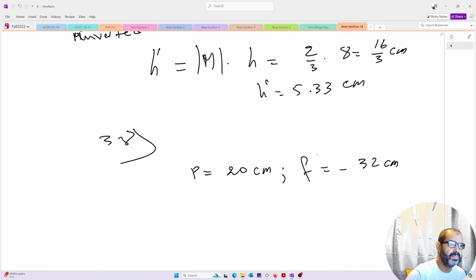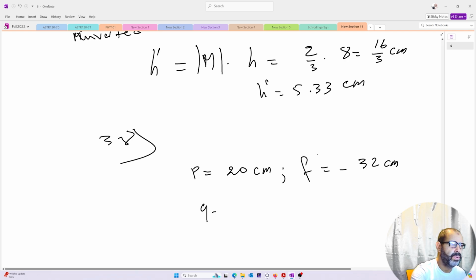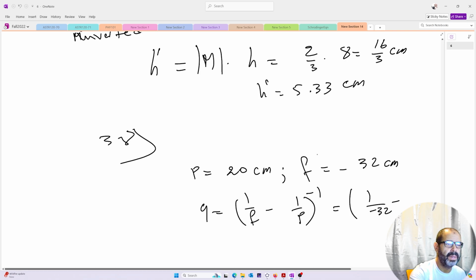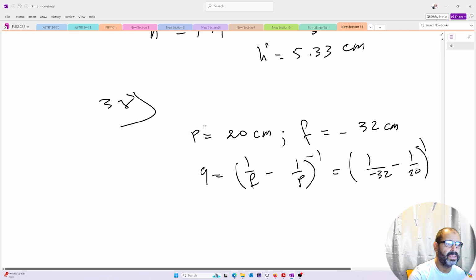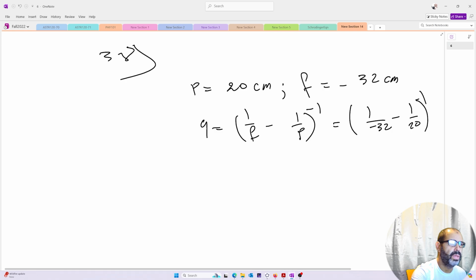Okay, so let's find Q first. Remember, Q is going to be equal to 1 over F minus 1 over P, inverted. So that's going to be equal to 1 over negative 32 minus 1 over 20, inverted. Of course, the minus will come out. Diverging lenses produce only virtual images, so the value is going to be negative.